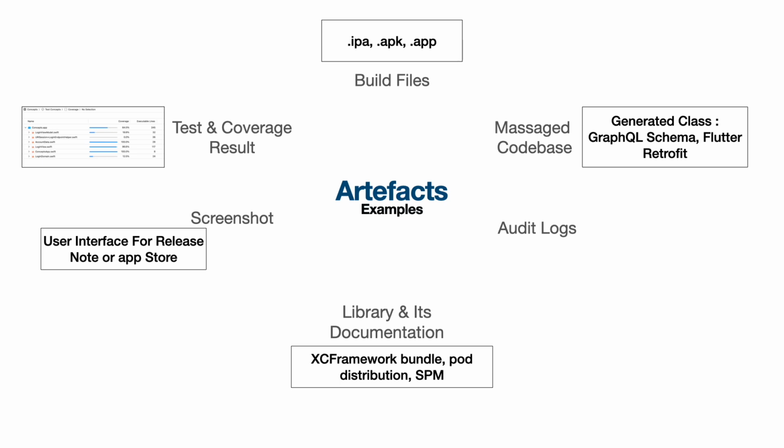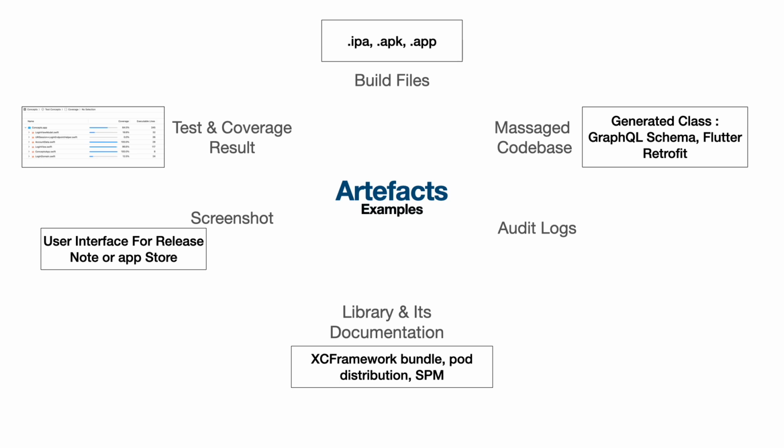Let's look into the examples of artifacts in mobile development. In this slide, we have divided it into six dimensions: build files, massaged code base, audit logs, test coverage result, screenshots, and the last one, which is library and its documentation.